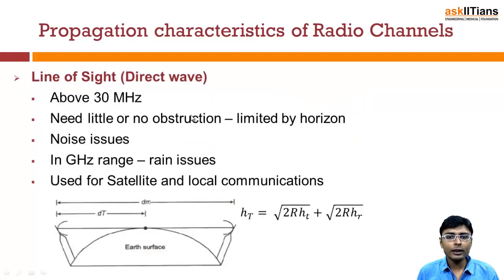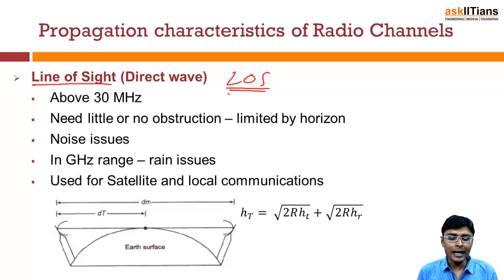Now let's see the next type of wave, that is the direct wave. Direct waves are also called line of sight, that is LOS, waves, because they go directly towards the receiver. They neither follow the earth's curvature nor go towards the sky and reflect back from there.